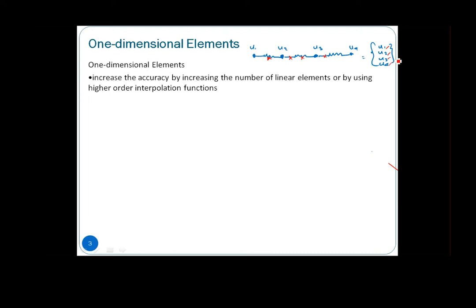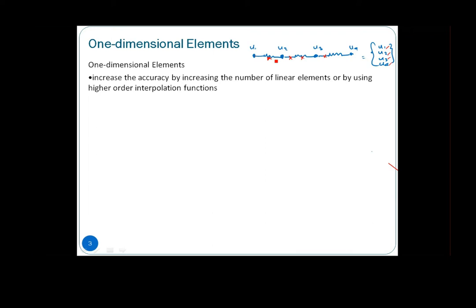Four nodes. The deformation is only at the nodes. So if I want to find the deformation at the red cross positions, we cannot determine it.